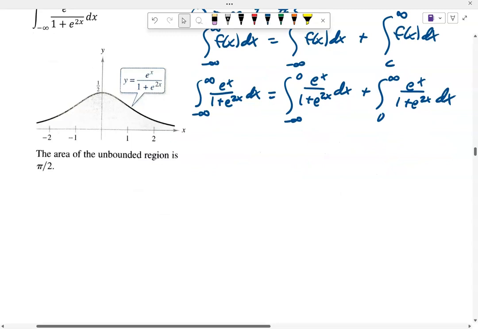And then what we're going to do is look at e to the x, and notice the e to the 2x here.